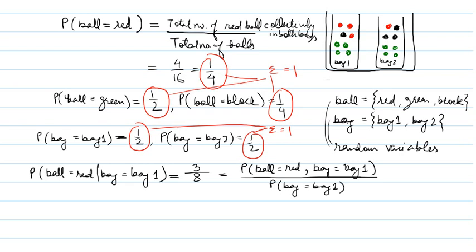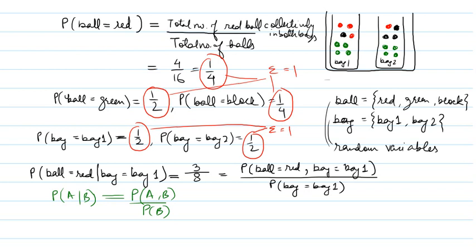We define the conditional probability as, suppose, P of A given B is equal to P of A comma B divided by P of B. So this is the formula for conditional probability.